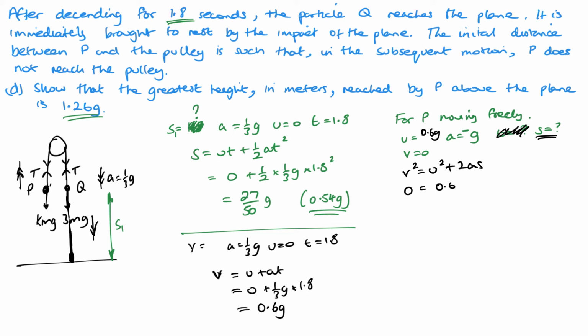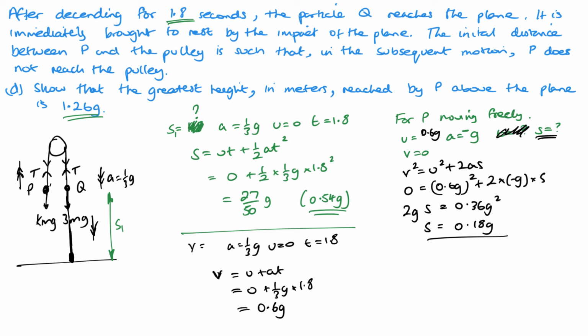U is 0.6 g squared plus 2 times my minus g times s, which is what we're trying to find. So we've got 2gs equals 0.36 g squared. So s is 0.18 g.